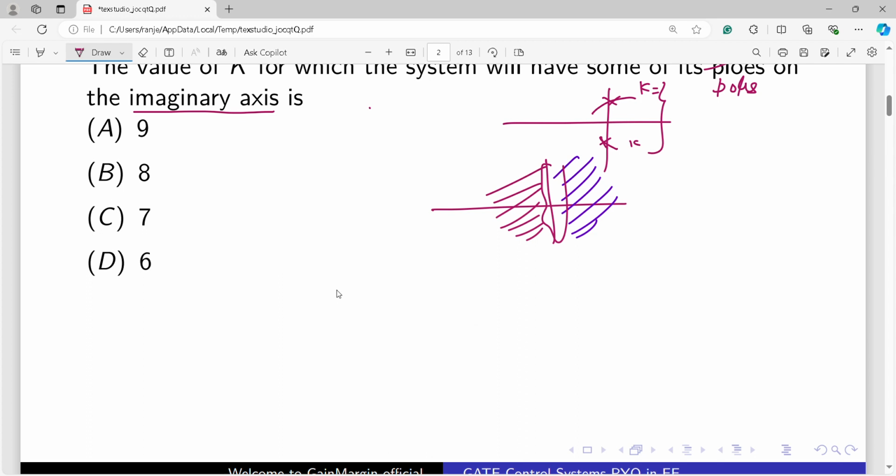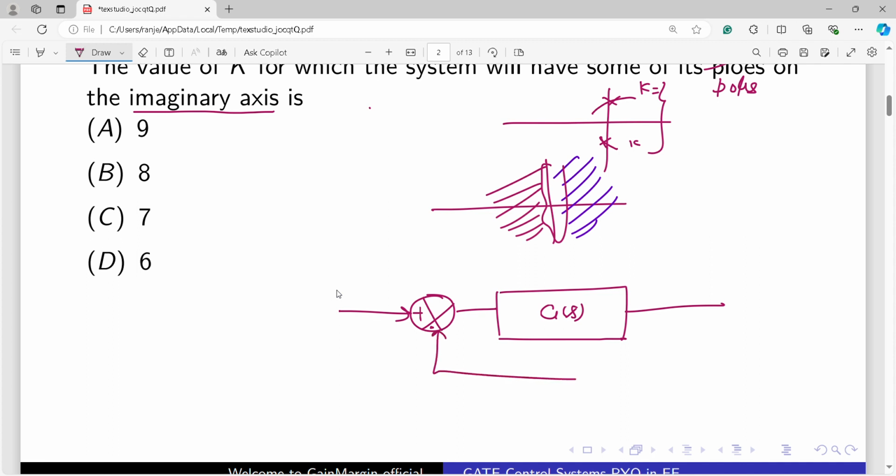So this is our forward transfer function, and since it is a unity feedback system, H(s) should be 1. This is our output, this is our input.